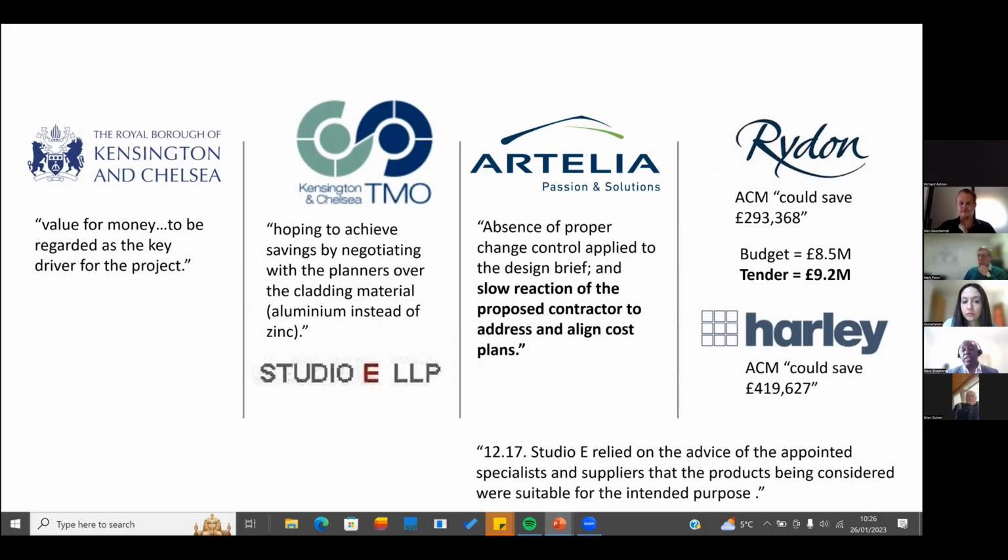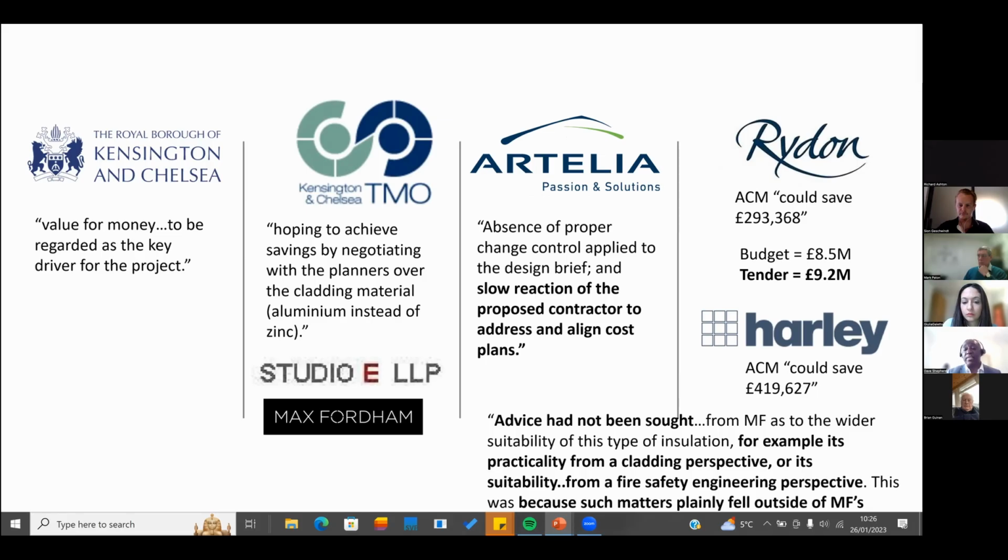Ultimately, Studio E, who were the architects who were then novated to work for Ryden, said that they relied on the advice of appointed specialists and suppliers. Max Fordham said advice, this is to do with fire safety, had not been sought. And they even went as far as to say that such matters plainly fell outside of their responsibility.